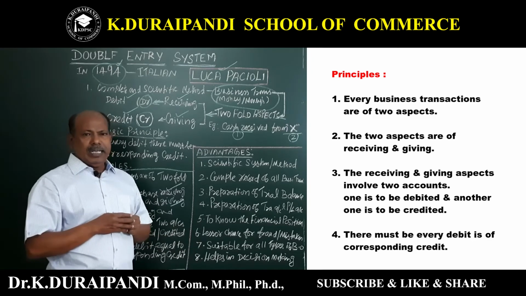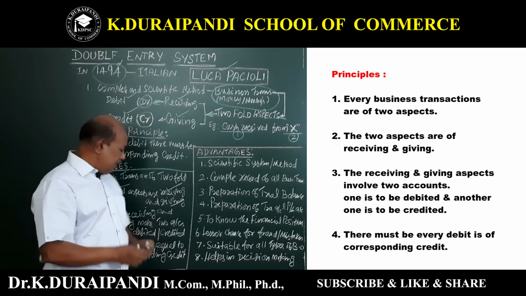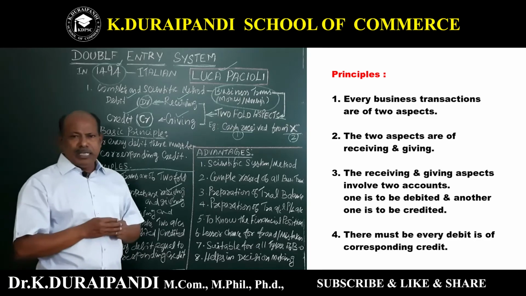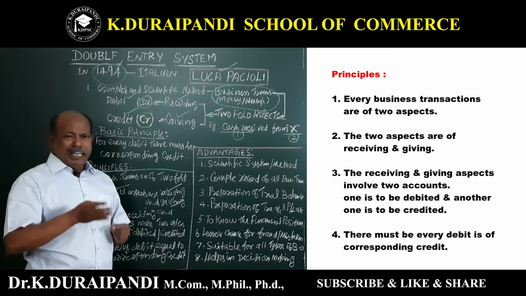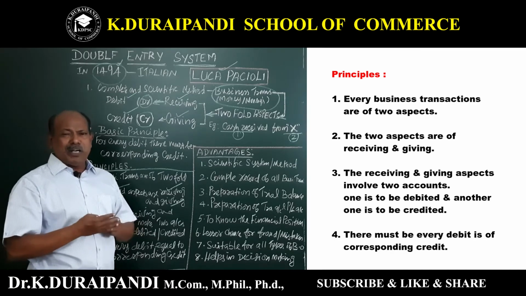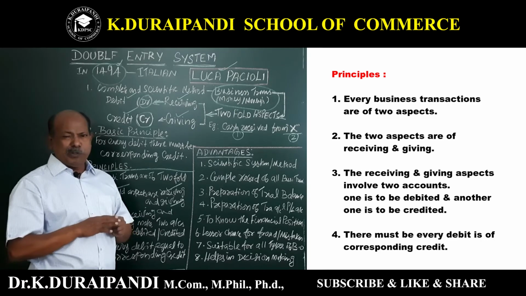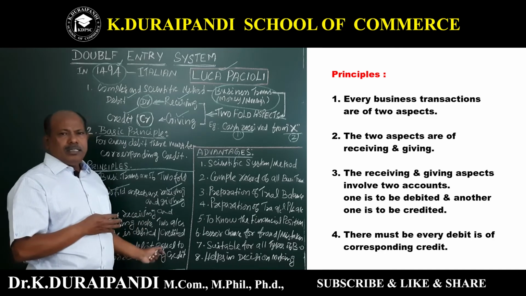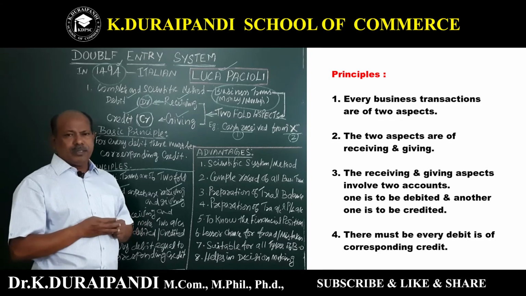Then the last and important one is that in the double entry bookkeeping system, the main principle is that for every debit there must be a corresponding credit. These are all the principles of double entry bookkeeping system.